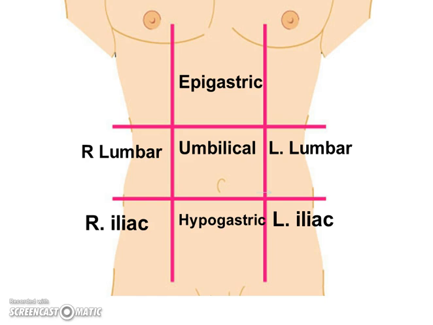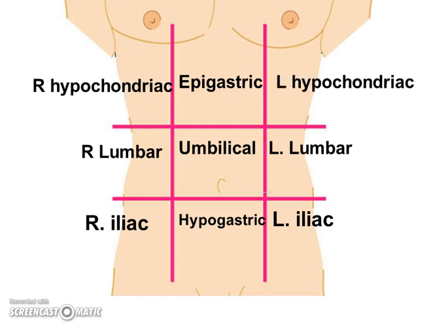We only have 2 more regions left. And when I first started teaching this and trying to remember what those 2 regions were, those were the hardest for me. And so I started thinking, well, my patient is hurting everywhere. They must be a hypochondriac. And so those areas are the right and left hypochondriac region.